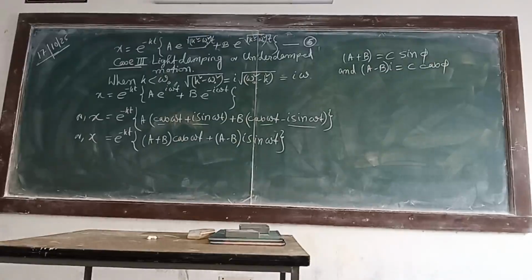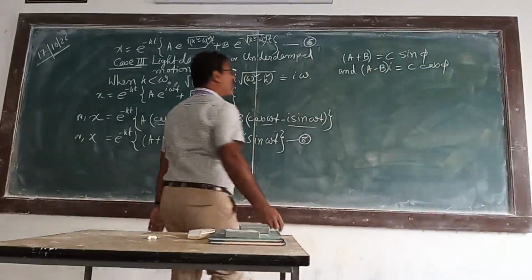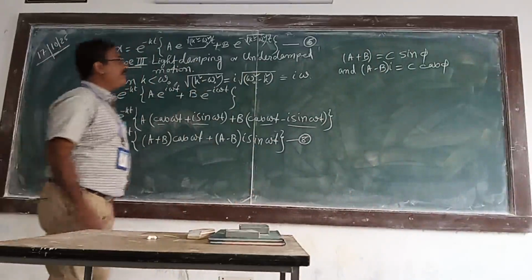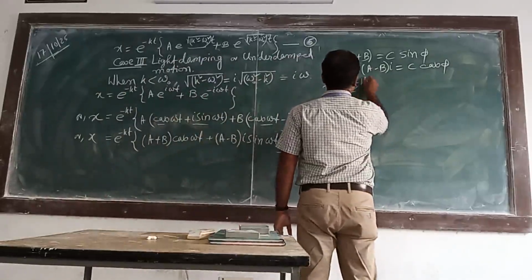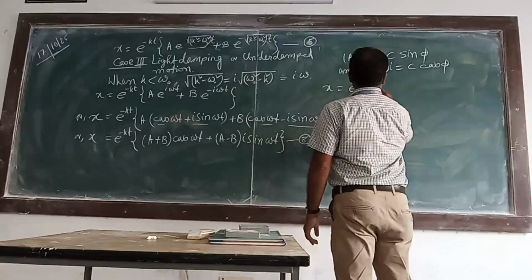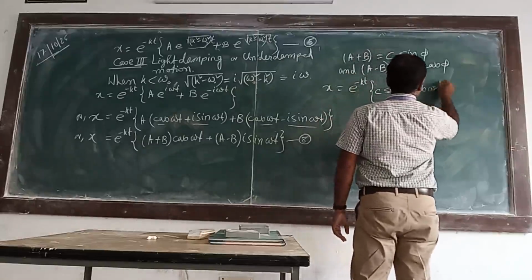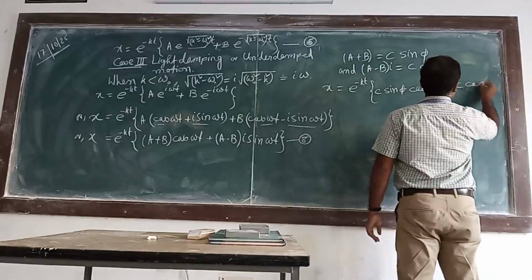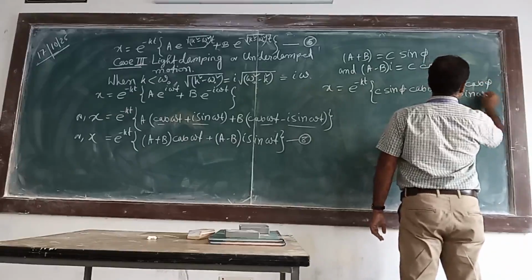So put it in equation 8. From equation 8 we get x equals e to the power minus kt into c sin phi cos omega t plus c cos phi sin omega t.